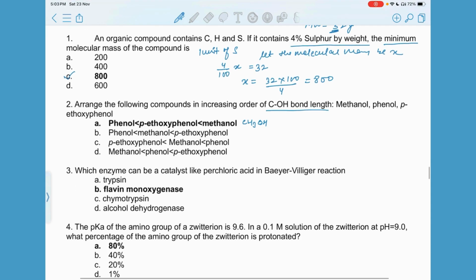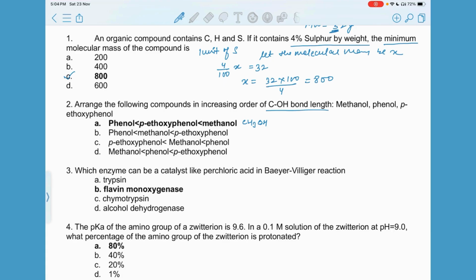In the case of the phenol, the hydroxyl group is attached to the benzene ring, and the lone pair of electrons on the oxygen atom can participate in resonance with the aromatic ring, which will slightly shorten the C-OH bond. And for the para-ethoxyphenol, the presence of an electron donating ethoxy group in the para position related to the hydroxyl group will further enhance the resonance effect, leading to a slight extension of the C-OH bond length compared to the phenol one.